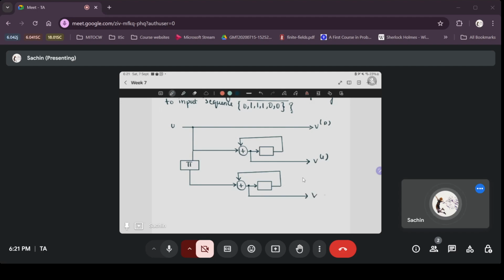So that will be your third bit. So this interleaver is an important part here. Okay, that's the difference between just a normal convolutional encoder as opposed to a turbo encoder.